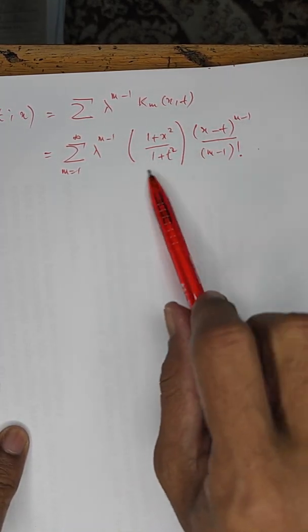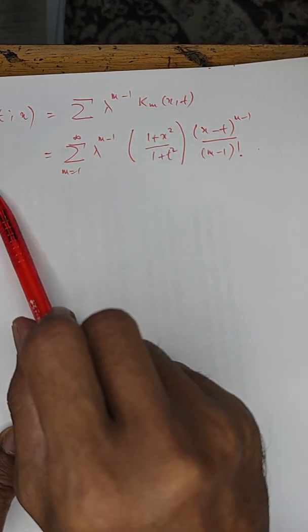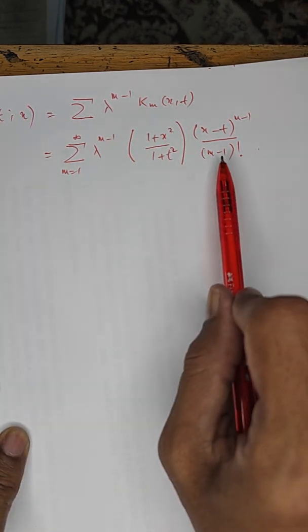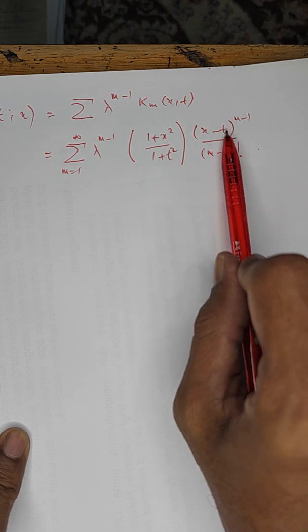Of course, this one is free of m, so you can take it out. This still has m.